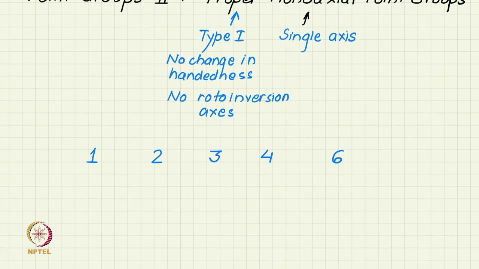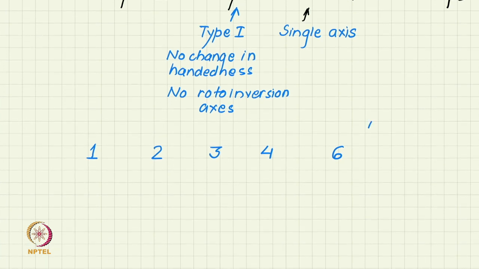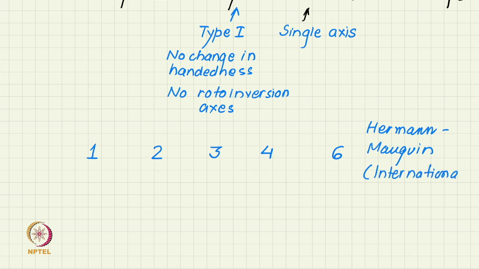So, these are the 5 axes. These symbols are also used for the groups. So, they represent the group of operations associated with these axes. This is the Hermann-Mauguin or international notation because it is used in the international tables.